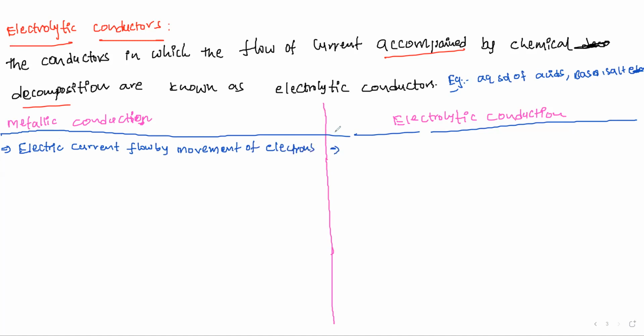Here, in electrolytic conduction, electric current flows by movement of ions. Did you get the clarity? And next, in metallic conduction no chemical change occurs.